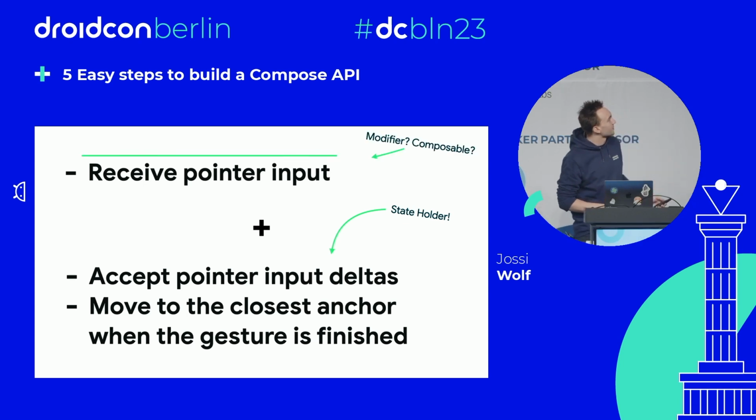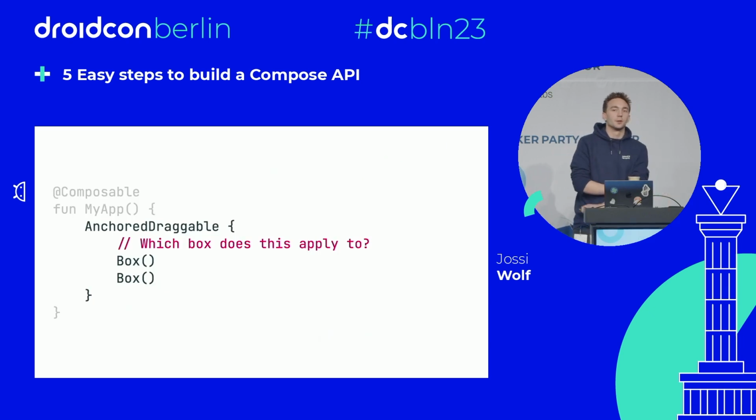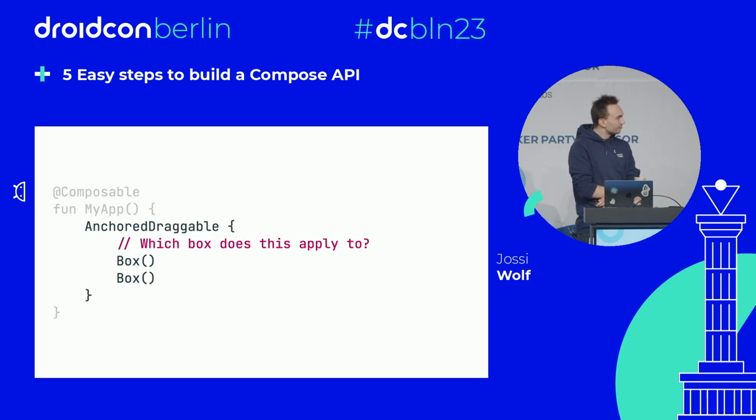But what about the first part, where it's not as obvious? How do you decide between a modifier or a composable? We did have that slide earlier where there's already some kind of hint, but let's look at what if we were building anchor draggable using a composable. There are quite a few things for why and when a composable is useful and when it's especially not useful.